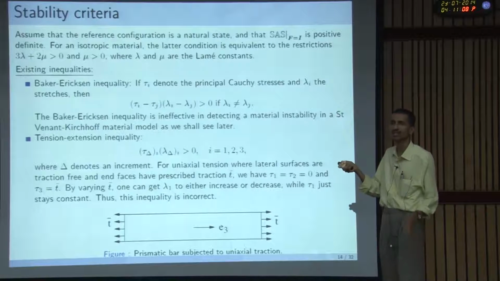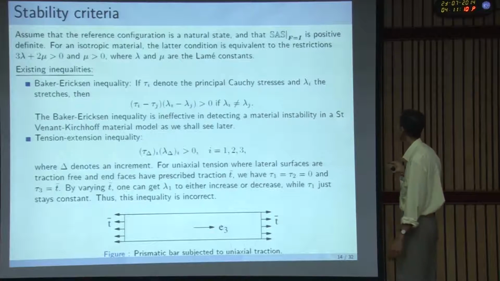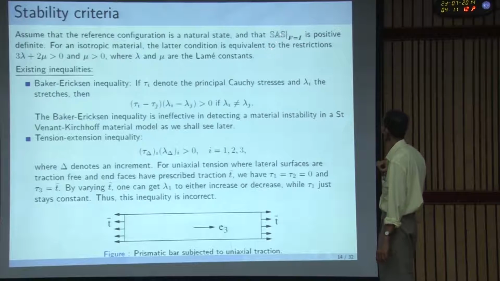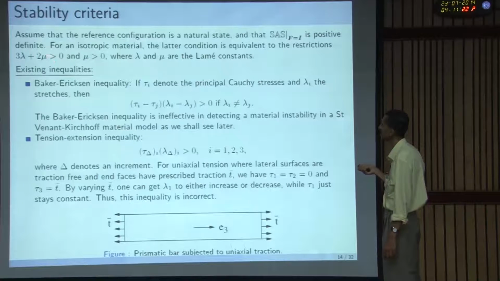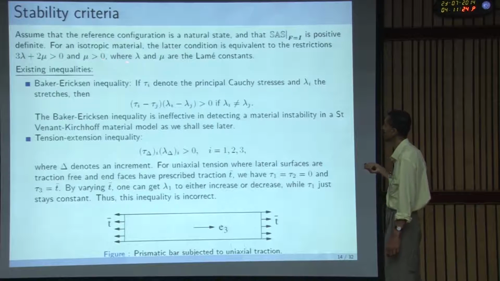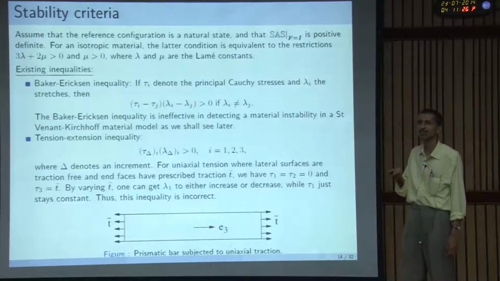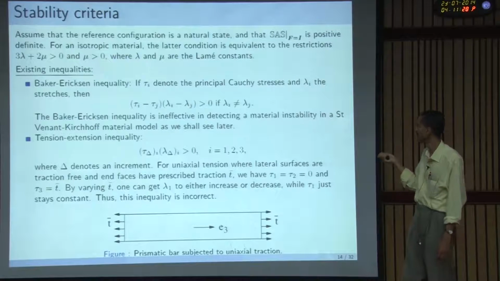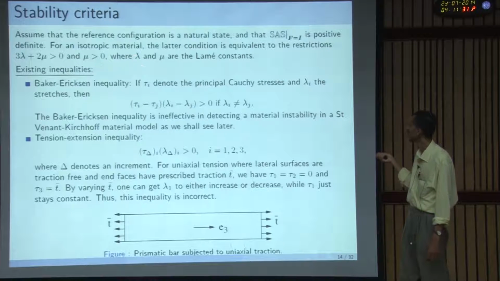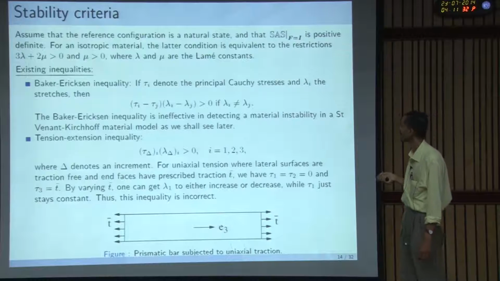So natural state means just that it is stress-free, and that your A is the first elasticity tensor, that is positive definite, and so that is equivalent to the conditions that 3 lambda plus 2 mu is greater than 0 and mu is greater than 0. So these restrictions are similar to the ones in linear elasticity, if you are familiar with that. Lambda and mu are the Lame constants.